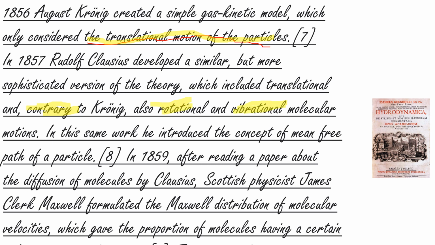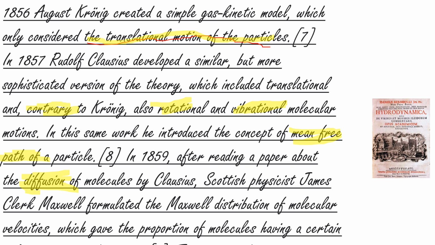This is part of the kinetic molecular theory. Now the word mean free path is used. I will tell you about the mean free path very soon in the upcoming lectures. In 1859, after reading a paper about the diffusion of molecules by Clausius, the Scottish physicist James Clerk Maxwell took up the subject. The word diffusion is used here, which is also a property of gas particles.